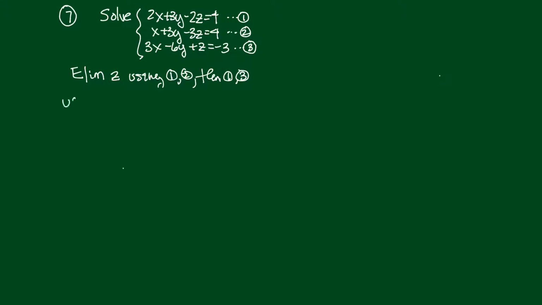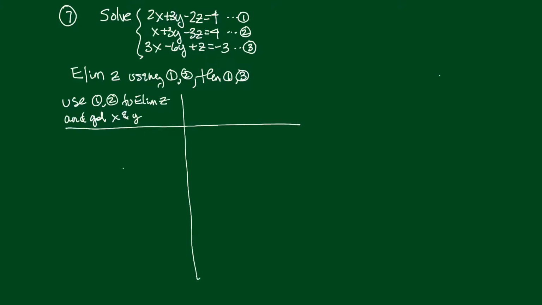So let's use equation 1 and 2 to eliminate z and get an equation in x and y. Here's 1 and 2, and I'm going to eliminate z.